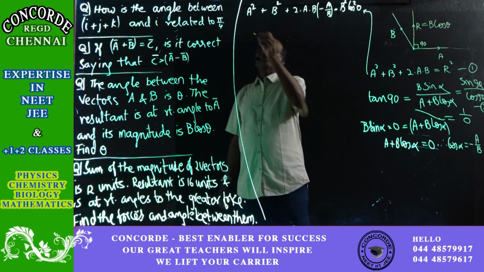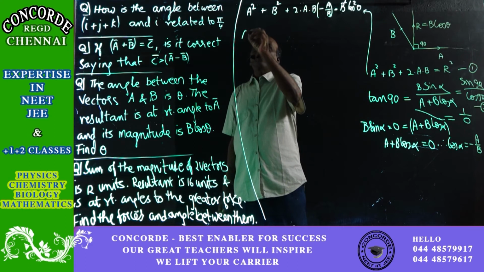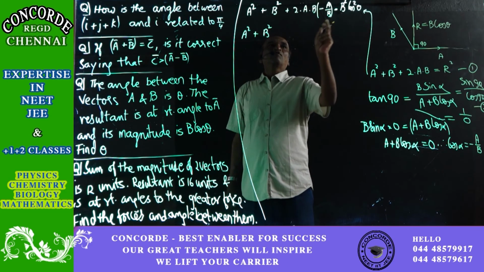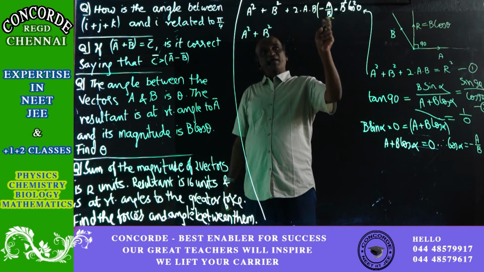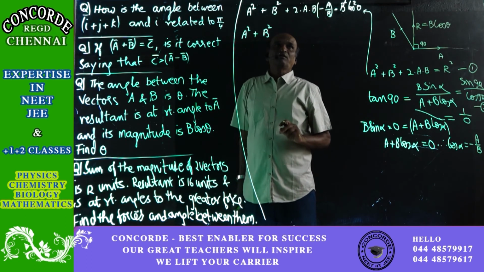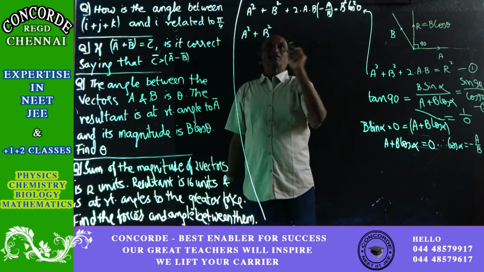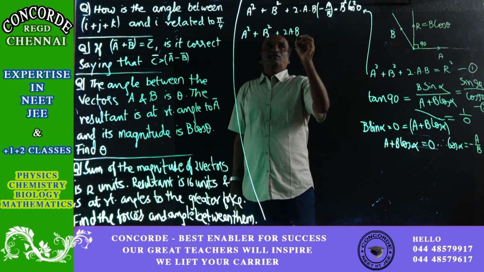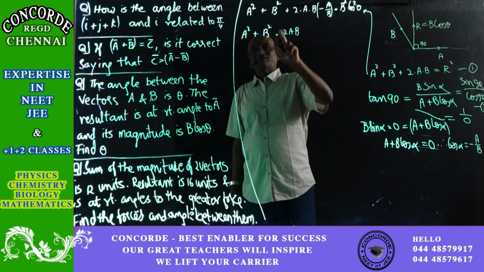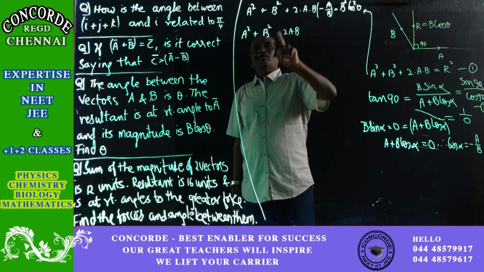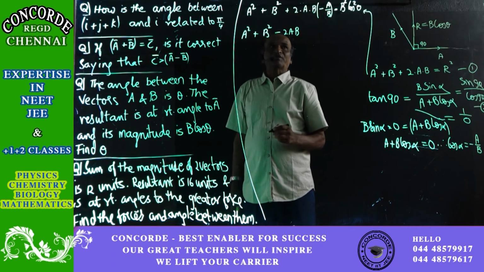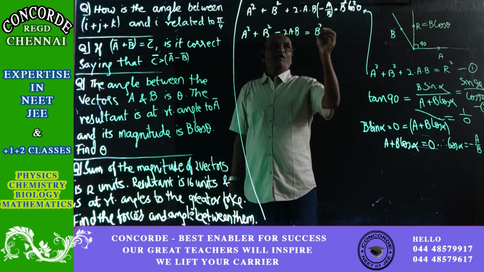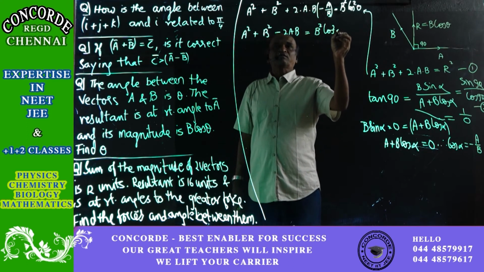So from this equation what we get is A square plus B square, then minus 2AB, with B in the numerator and the other term getting cancelled, and that is equal to B square cos square theta.